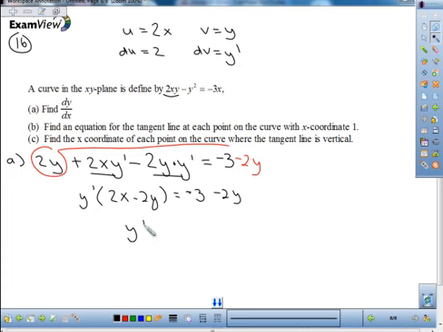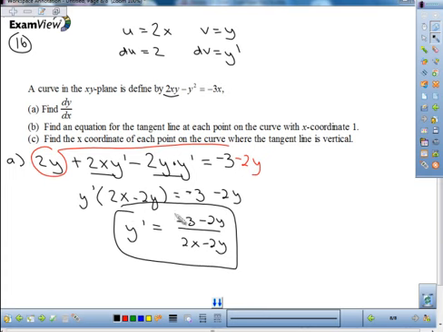And then I'm going to divide. So there's my derivative.